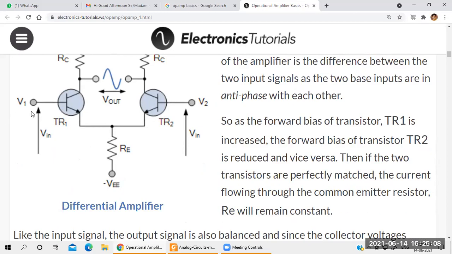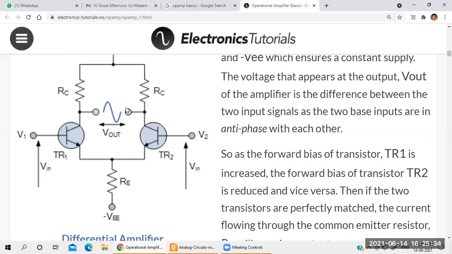So where is the input here? Base. Base is the input here. Understood? So here BJT 1 is connected to the terminal 1 voltage, and BJT 2 is connected to terminal 2 voltage. So they have taken two voltages, terminal 1 and 2, 2 for the second transistor, 1 for the first transistor.